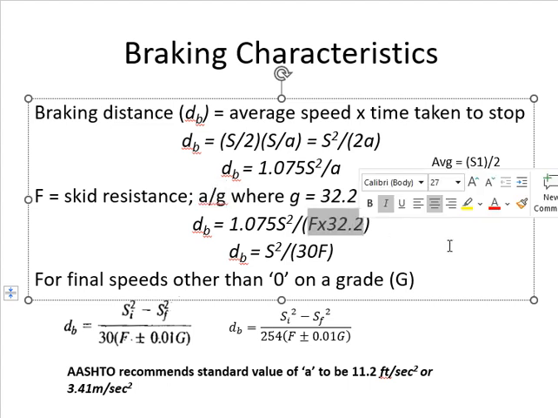I replaced A with F into G, and G is gravity, I know the value. Clear? Then we will again do the division for the constants, and I got 30 here.